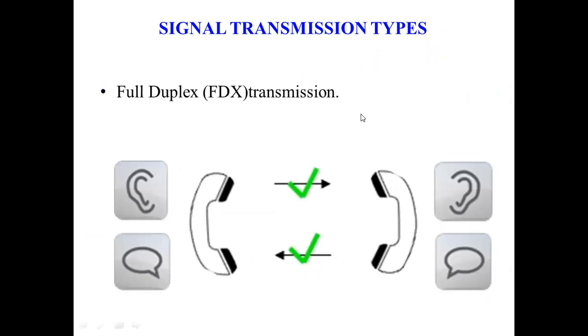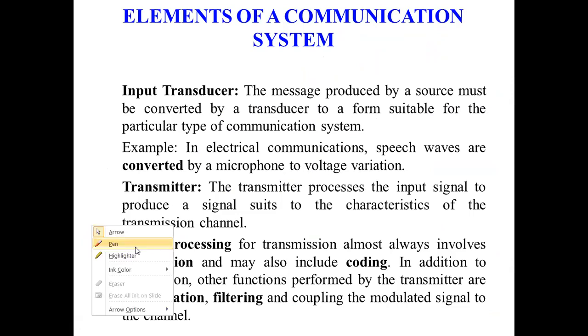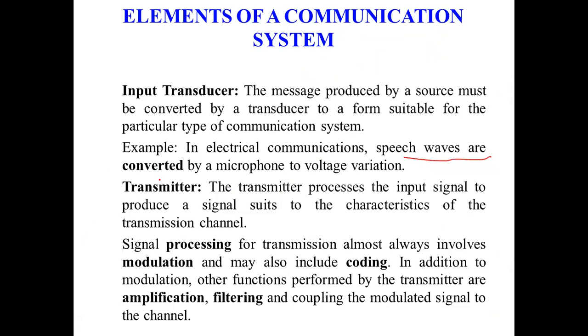Now you see the full duplex transmission, which I have just explained: one side is calling, the other side is receiving. Again, I have explained that the message must be converted to a form suitable for the particular type of communication system. Here it is written that electrical speech waves are converted by a microphone to a voltage variation.